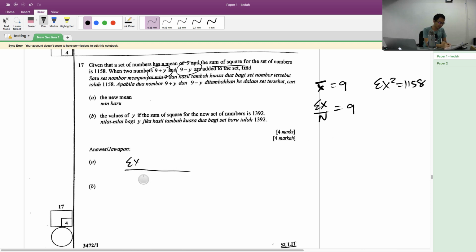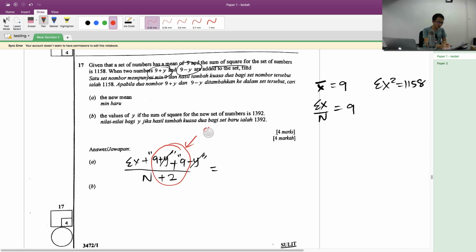If I add two more numbers, the n is plus 2, and then I add the first number and the second number, 9 plus y and 9 minus y. Because of plus y and minus y, if you simplify, the positive y and negative y cancel, and you get 9 plus 9. So what we add in is 9 plus 9 over 2. This is what will affect the mean.